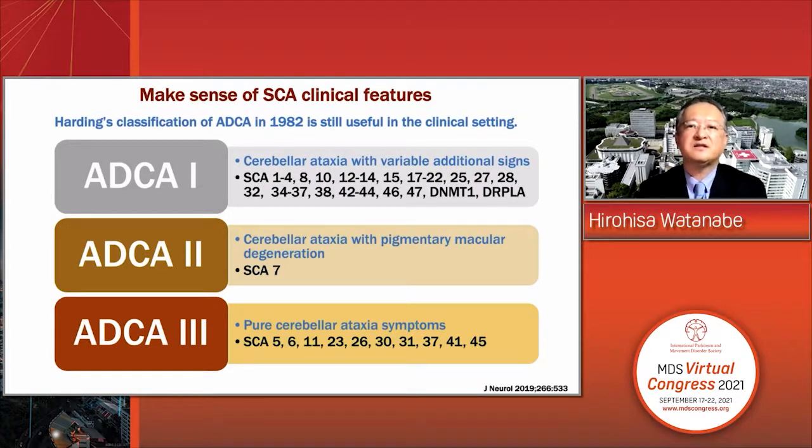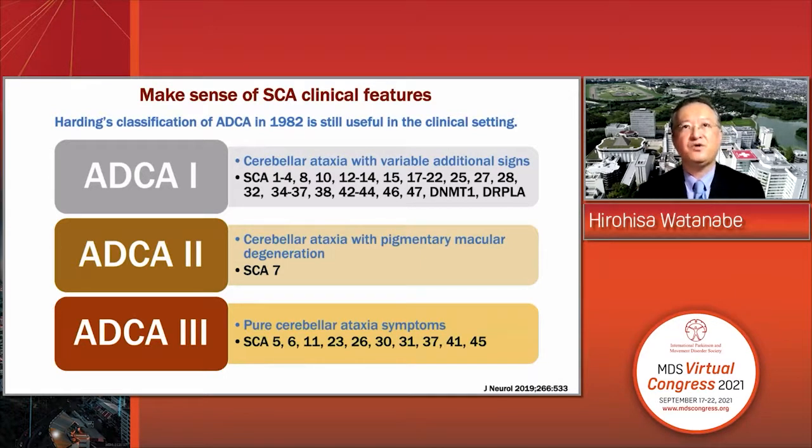ADCA1 is cerebellar ataxia with variable additional signs, such as SCA1, 2, 4, 8, 10, DRPLA, and so on. ADCA2 includes cerebellar ataxia with pigmentary macular degeneration, SCA7.